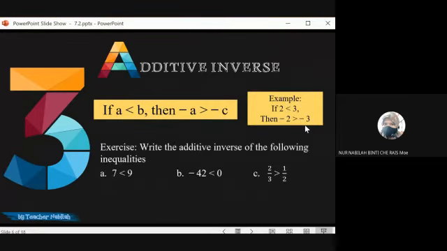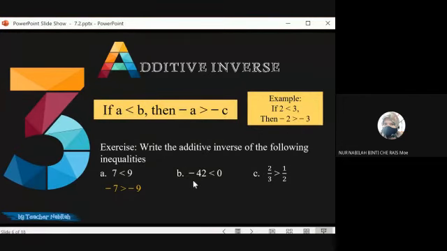Exercise: write the additive inverse of the following inequalities. So 7 less than 9. How to write this? Negative 7. Less than will become more than negative 9. Negative 7 more than negative 9.